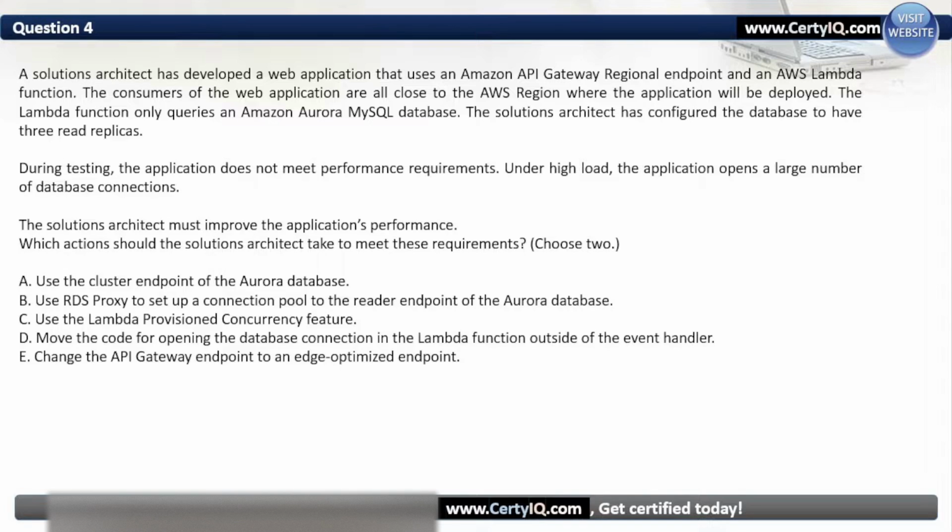The solutions architect has configured the database to have 3 read replicas. During testing, the application does not meet performance requirements. Under high load, the application opens a large number of database connections. The solutions architect must improve the application's performance. Which actions should the solutions architect take to meet these requirements?